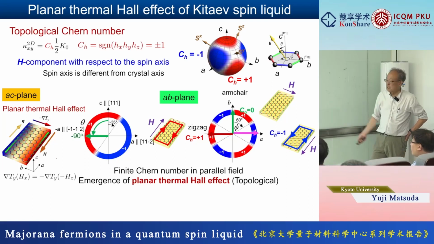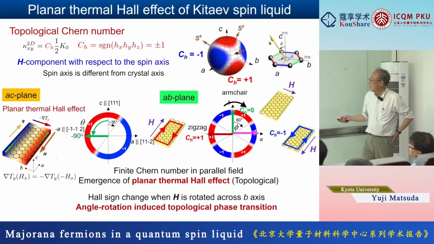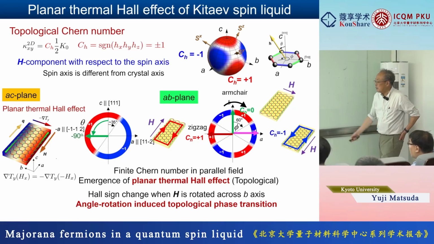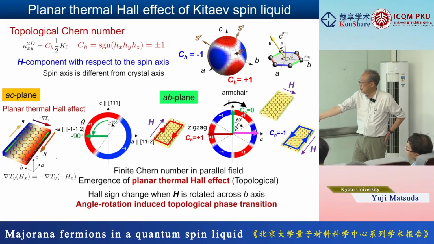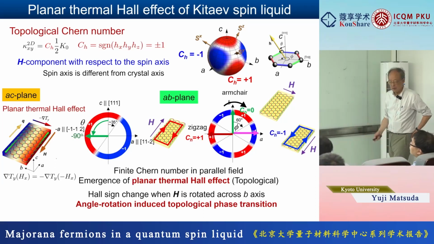This comes from the symmetry. So the important point is this one. Hall sign change occurs when the magnetic field is rotated across the b-axis. So this indicates the emergence of an angle rotation-induced topological phase transition in this material. So this is a stringent test for the Kitaev quantum spin liquid.